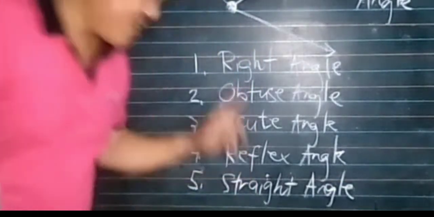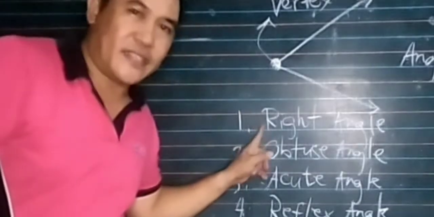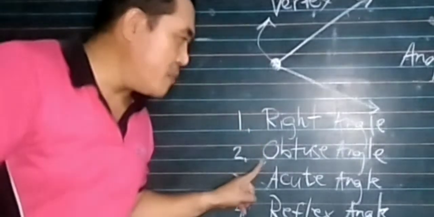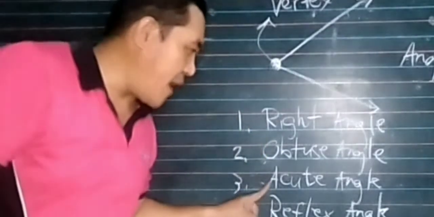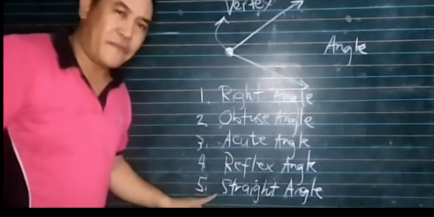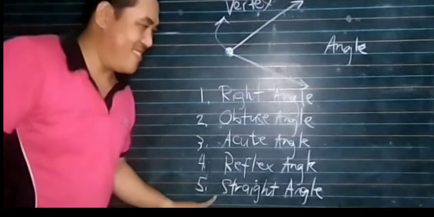Right, class. First category of angle is right angle. Second, we have obtuse angle. Third, we have acute angle. Fourth, we have reflex angle. Five, we have straight angle.